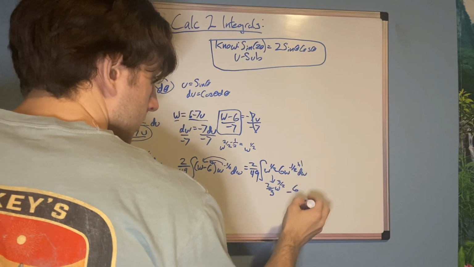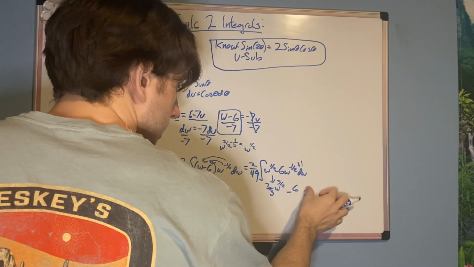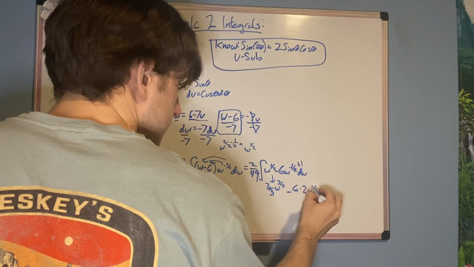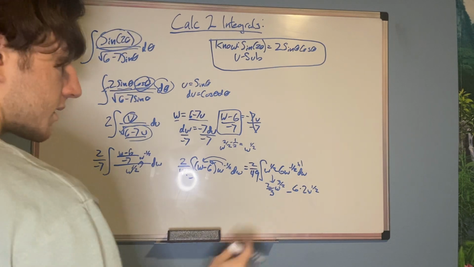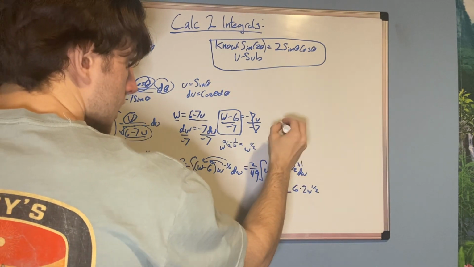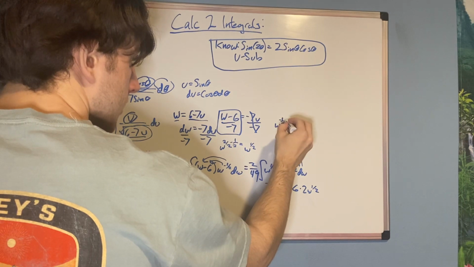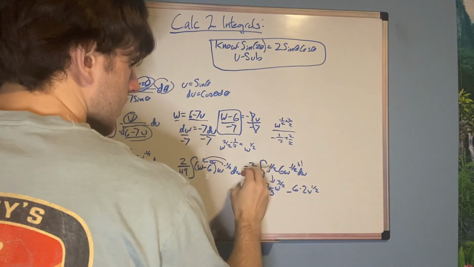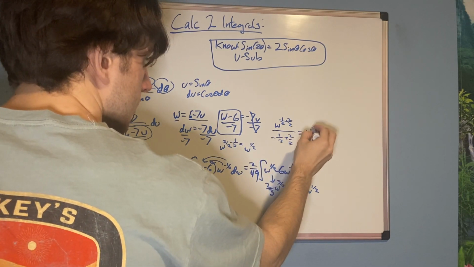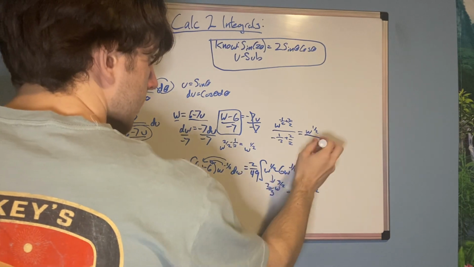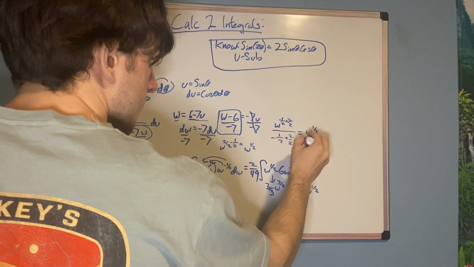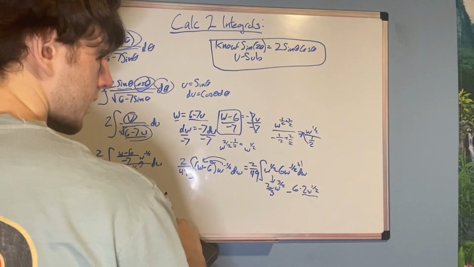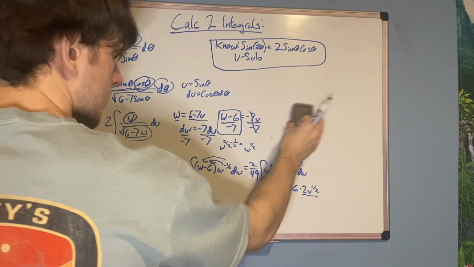Add 1 to the exponent, and that becomes w to the 1/2 divided by 1 over 2. You just bring that 2 to the numerator, so it becomes 2 times w to the 1 over 2, and that's what I did here. So now that's the integral for the w to the minus 1 over 2. Okay.